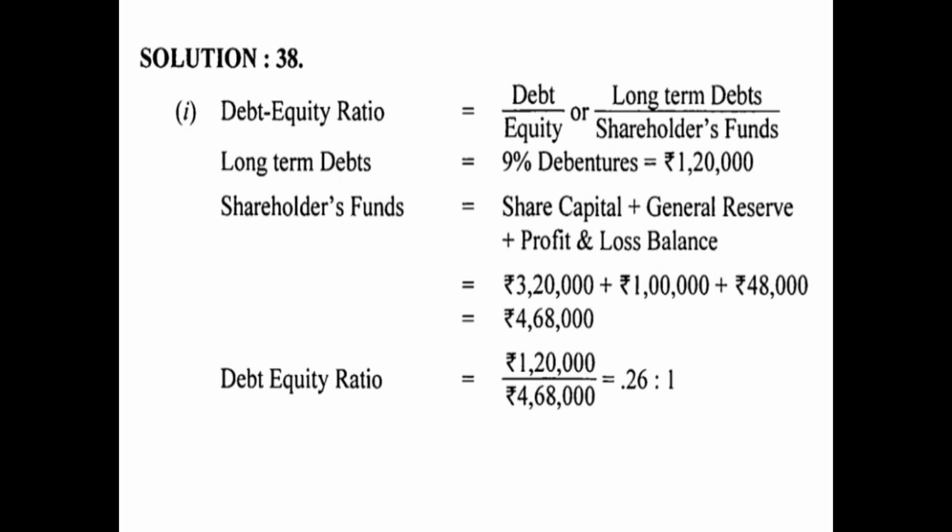So that means your equity is 4,68,000. Now you have the debts 1,20,000, you have the equity 4,68,000. You can put the values in the formula and you will get debt equity ratio. That is, debt equity ratio is equal to debt 1,20,000 divided by equity 4,68,000, which comes to 0.26, or 0.26 is to 1.